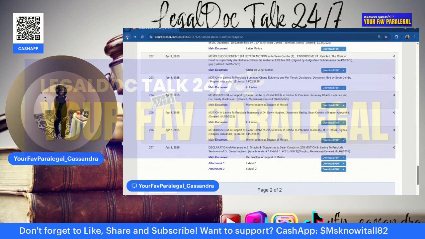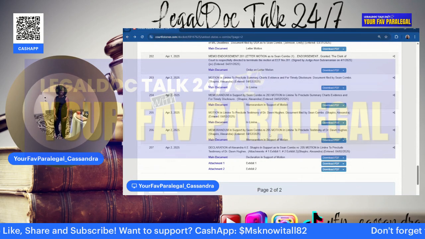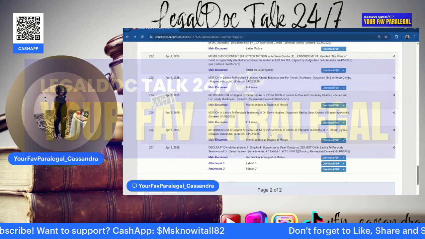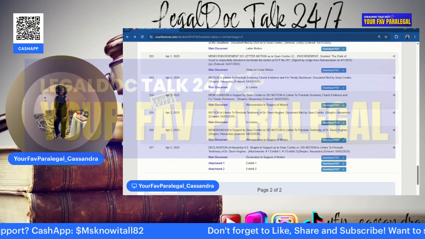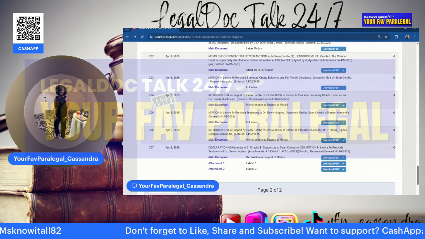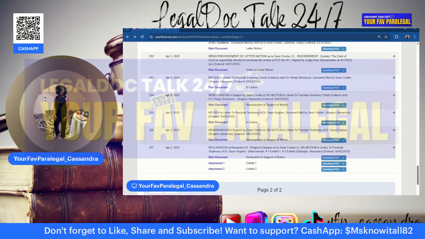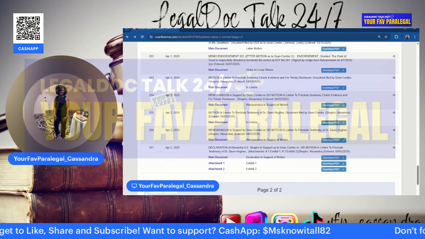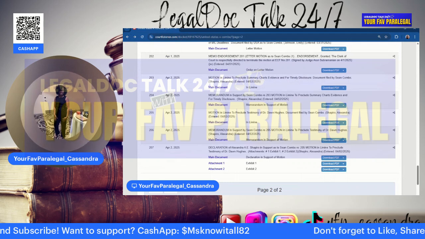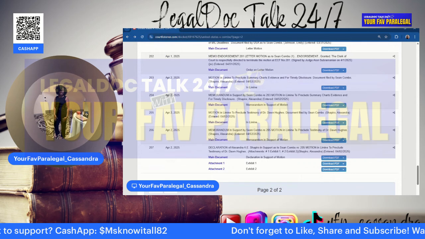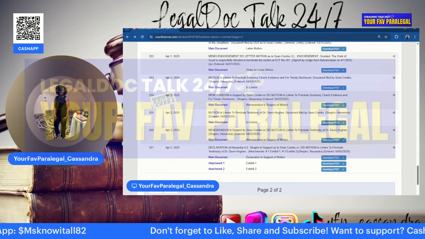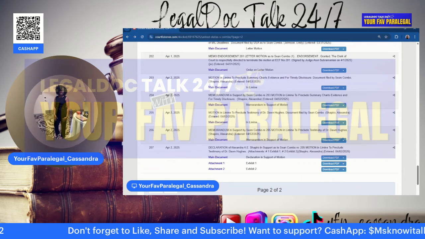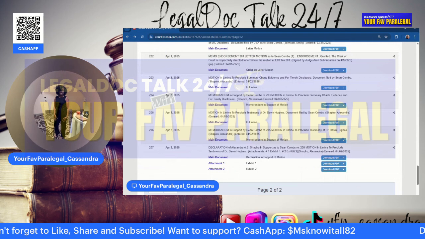Going into the second motion in limine, this part here is very important because when you're dealing with these personal injury cases, depending on what type of personal injury it is, this case surrounds sexual assault.